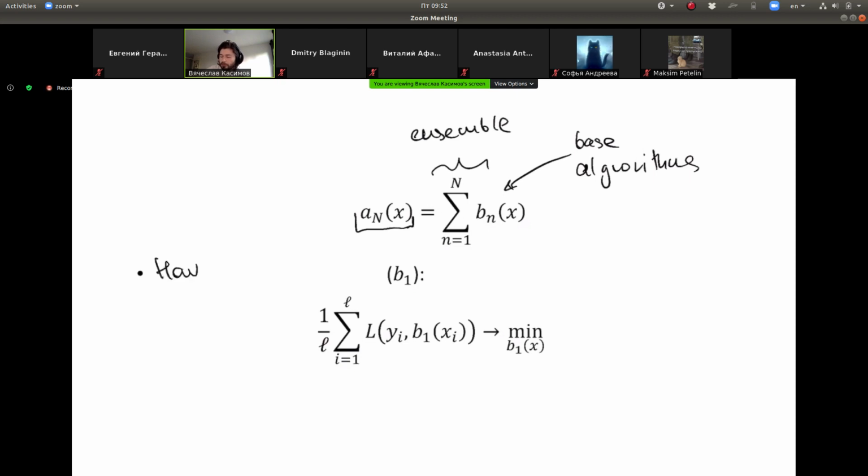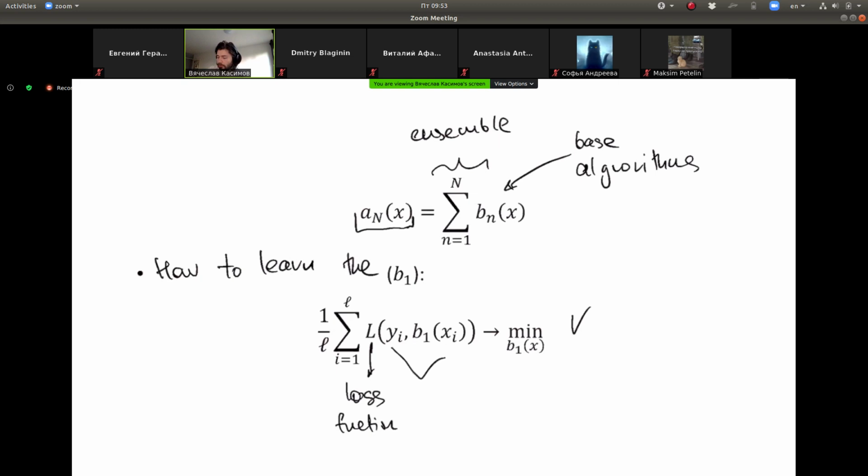So the first question is how to learn the first model. And we say, okay, we knew how to do this. For any task, we introduce the loss function.